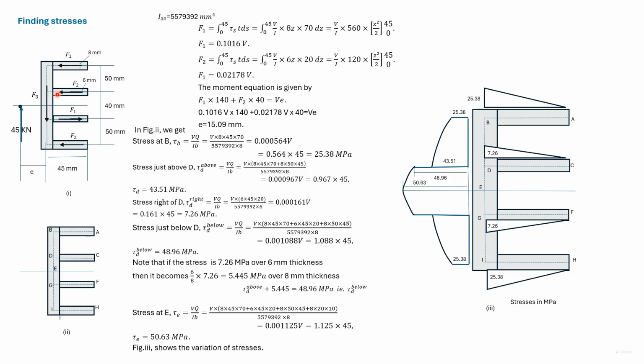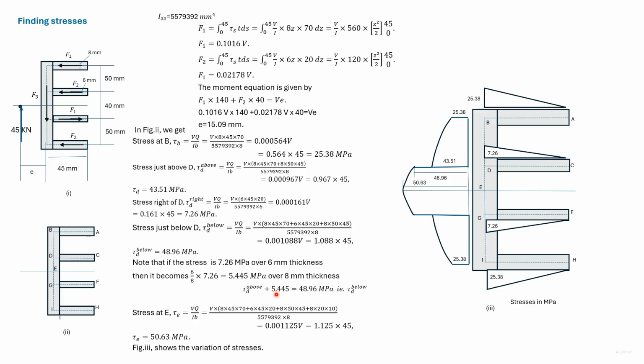As we turn here, we notice that the shear flow remains the same. So the stress of 7.26 over 6 millimeter becomes 5.445 over 8 millimeter.